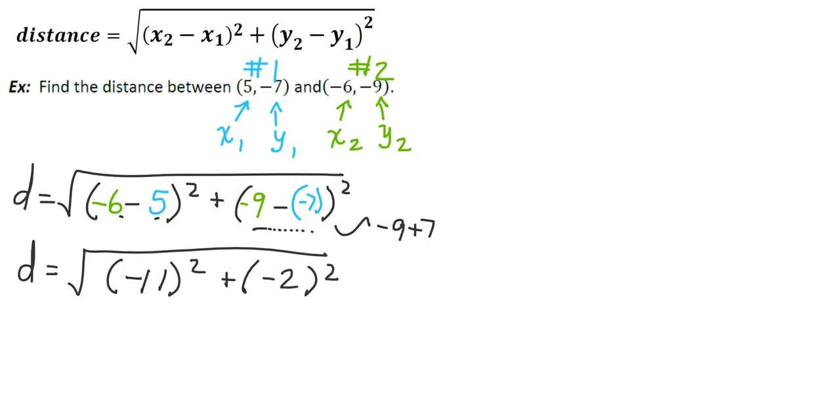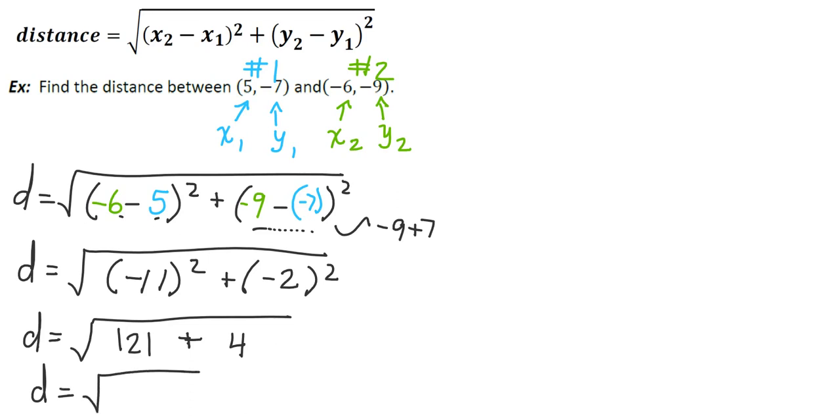So we have -2, which will get squared. -11 squared is +121. -2 squared is +4. So we know the distance to be the square root of 125.